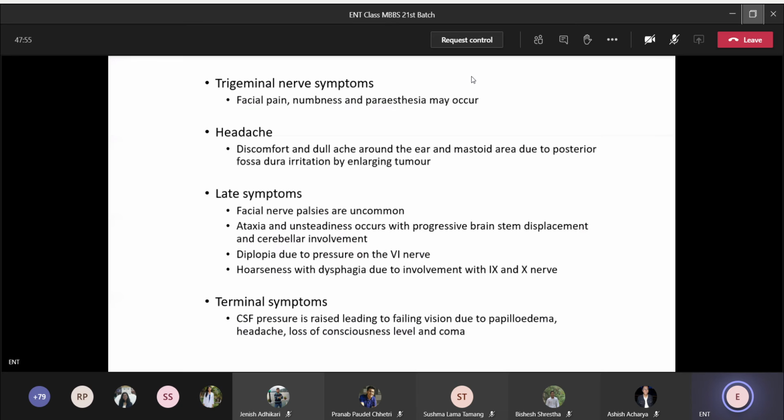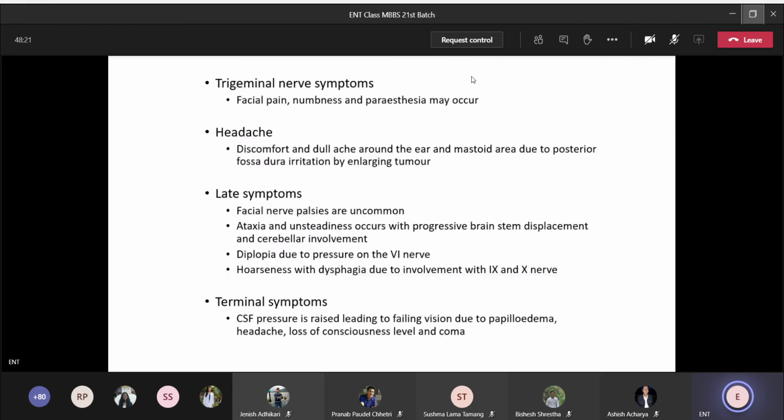Now, the terminal symptoms: if the patient does not get any medical help, then in the later phase you would see a rise in the CSF pressure leading to failing vision because of the papilloedema, and there can be very severe headache. The patient can have loss of consciousness and later can even go into coma.